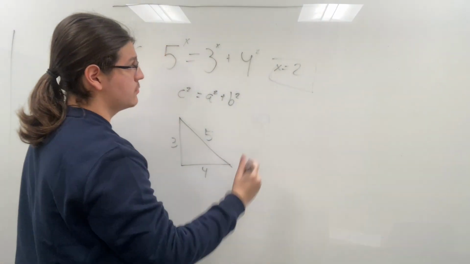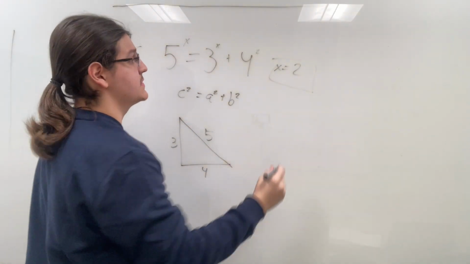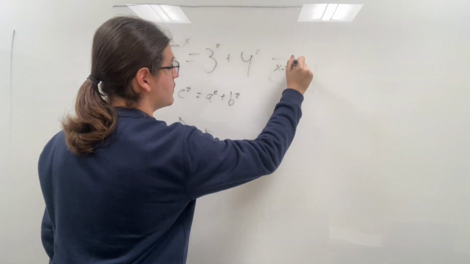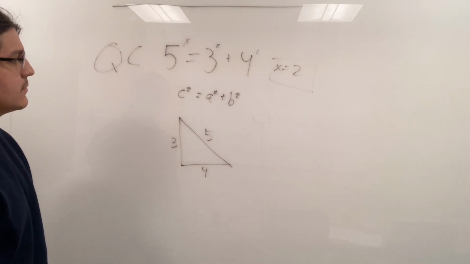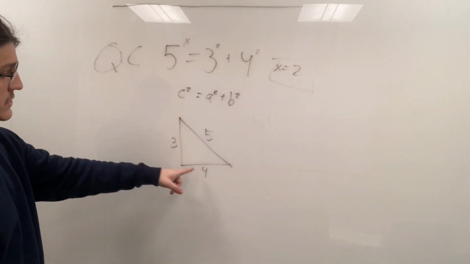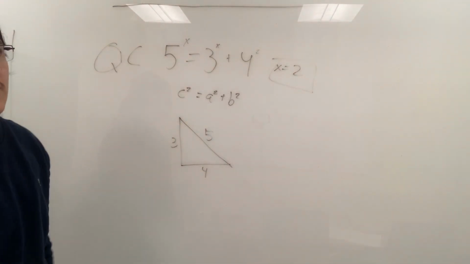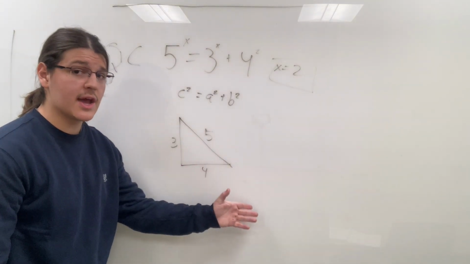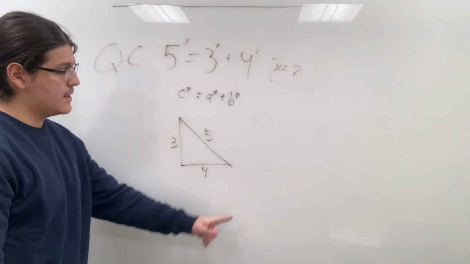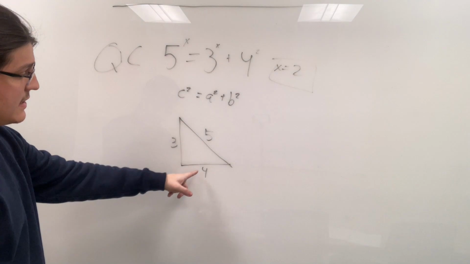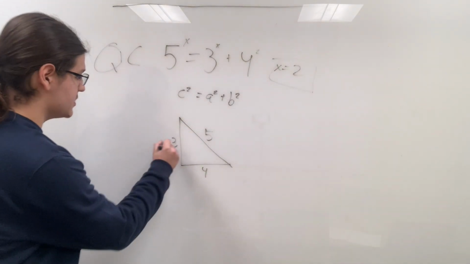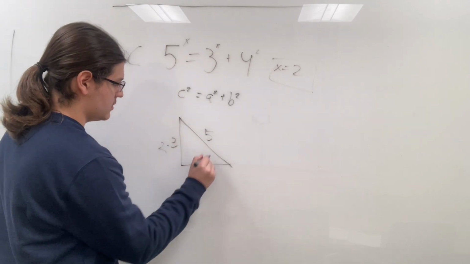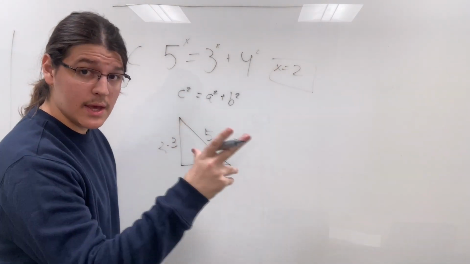X is equal to 2. Wow, this marker is dying. You can't even see that. X is equal to 2, because 3 squared plus 4 squared is equal to 5 squared by the Pythagorean theorem. This equation, if this was any multiple of each other, if we just multiply them by 2, it would still be x equals 2.